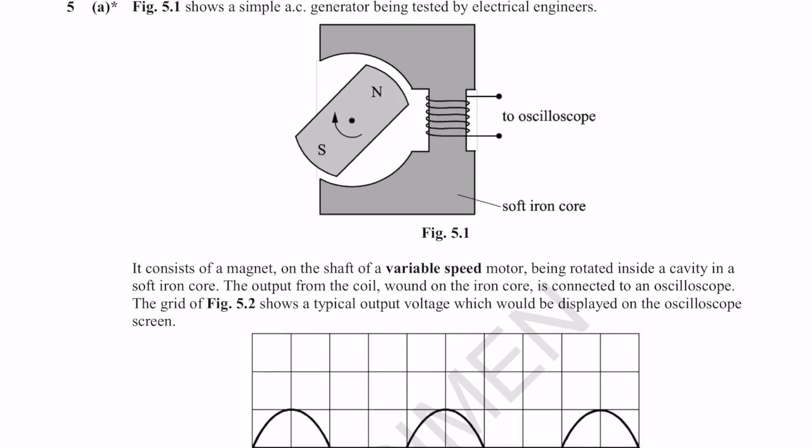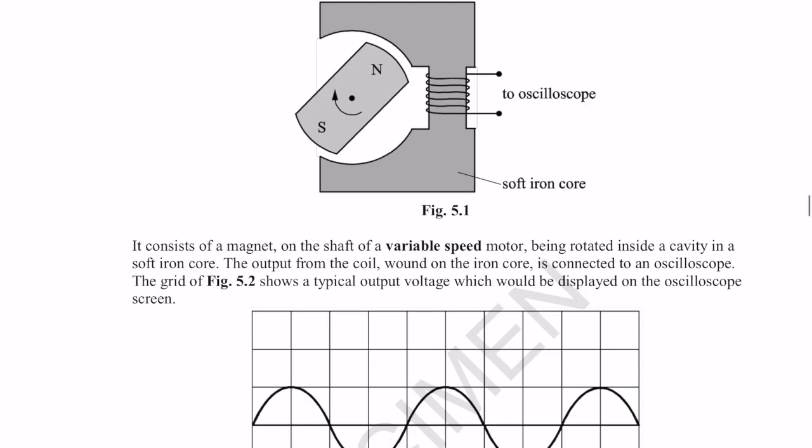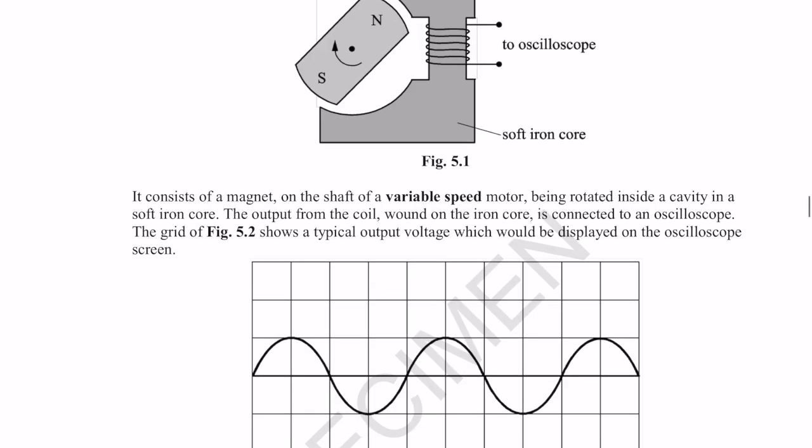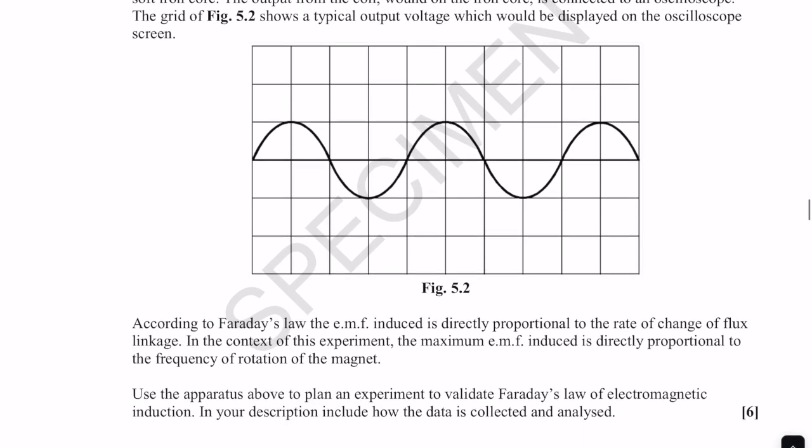Figure 5.1 shows a simple AC generator being tested by electrical engineers, and it consists of a magnet on the shaft of a variable speed motor being rotated inside a cavity in a soft iron core. The output from the coil wound on the iron core is connected to an oscilloscope, and the grid shows a typical output voltage which could be displayed on an oscilloscope screen.